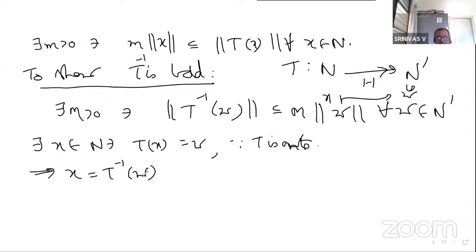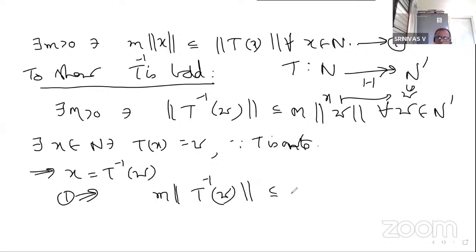Now for x, you can take T inverse W here. So one implies m times norm T inverse W is less than or equal to, what is T of x? W.